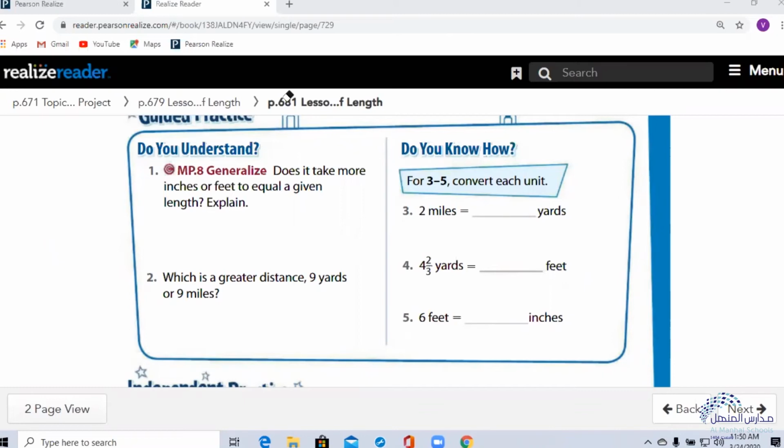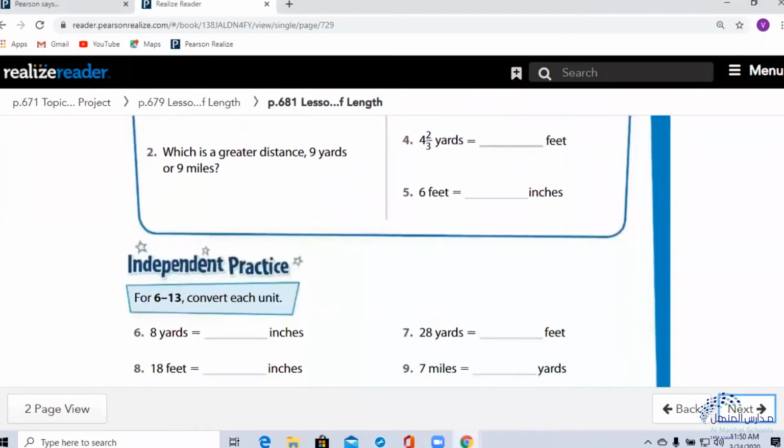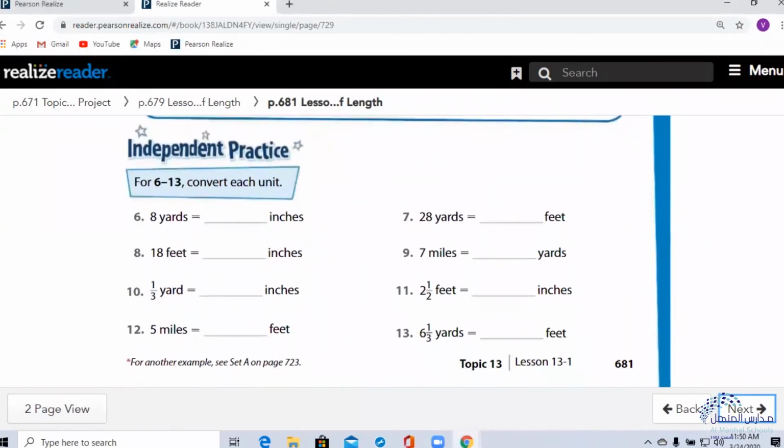If I go to the next questions, question number 6, 7, 8, and 9, I can do exactly the same. If I look at my data set, I need to take yards to inches. There are 36 inches in 1 yard.